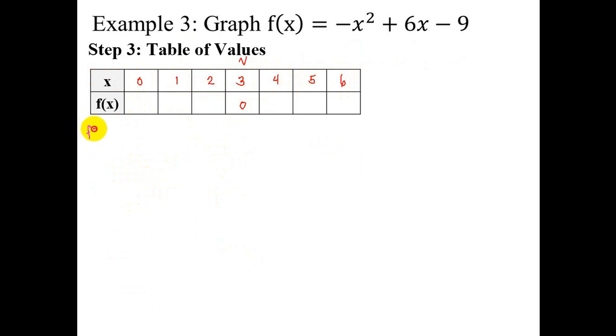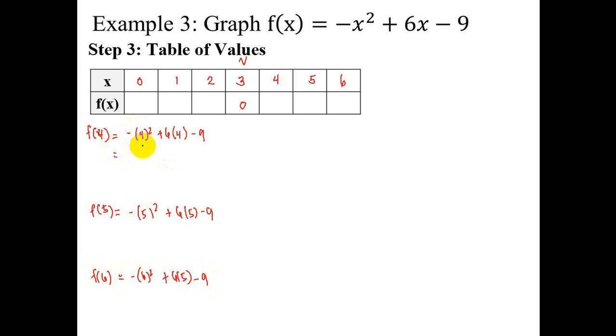Then we will be solving for f of 4 equals negative times 4 squared plus 6 times 4 minus 9. Then we have f of 5 equals negative times 5 squared plus 6 times 5 minus 9. And then lastly, we have f of 6 equals negative 6 squared plus 6 times 6 minus 9.